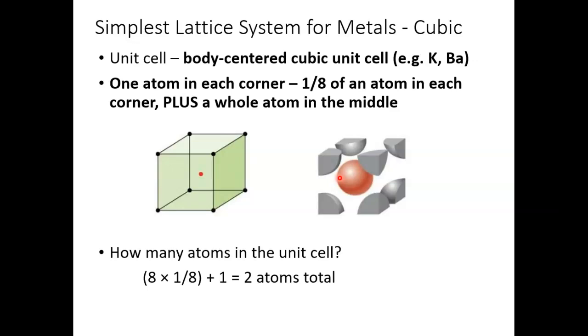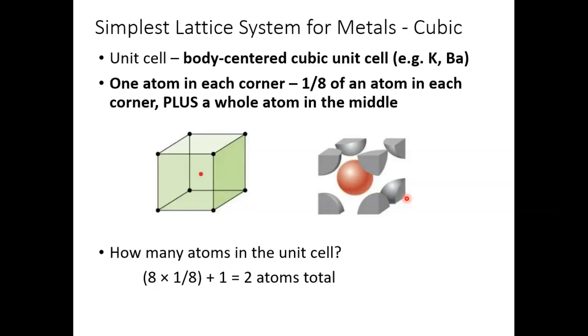Why would it do this as opposed to the simple? Is that what you're asking? Because it's bigger? So elements that have this type of crystalline pattern typically like this pattern because of types of intermolecular forces that are going on.